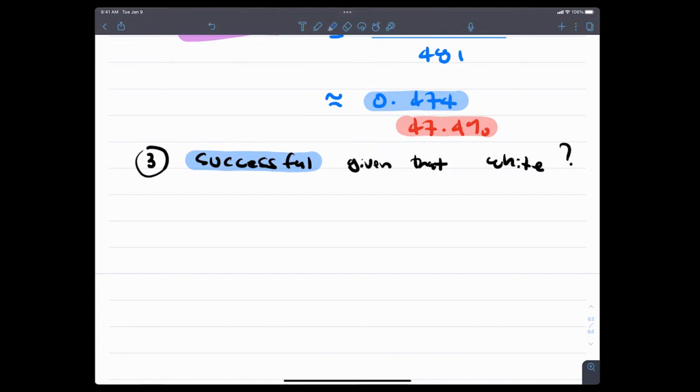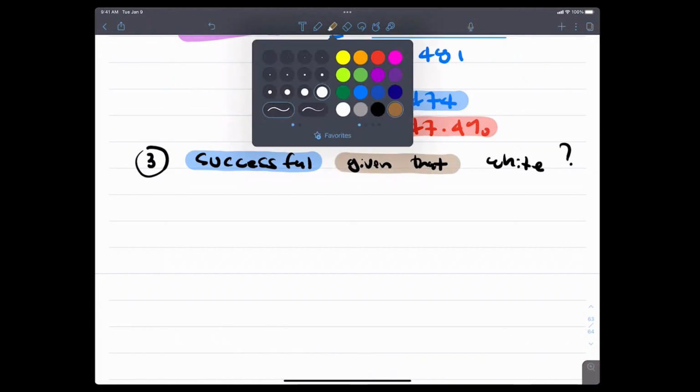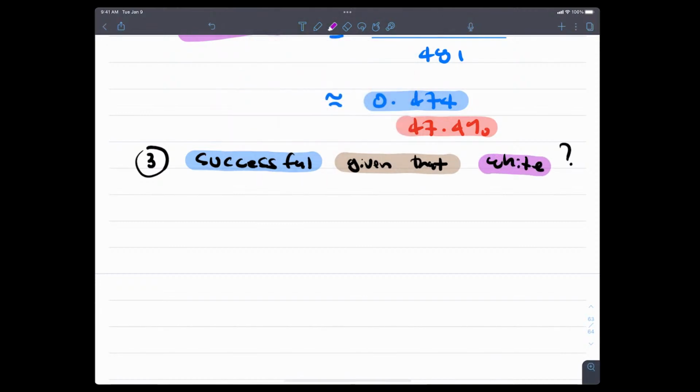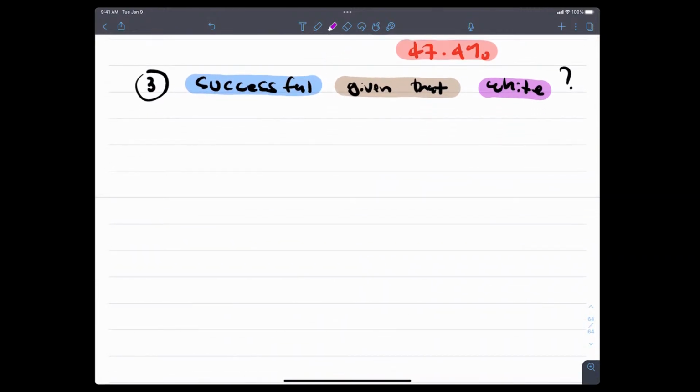So let's check this out. You're successful, given that you are who? We're going to look at the white students now. This demographic. Okay, this is a demographic. So I'm going to write this down symbolically. The probability you survive, given that you're white.